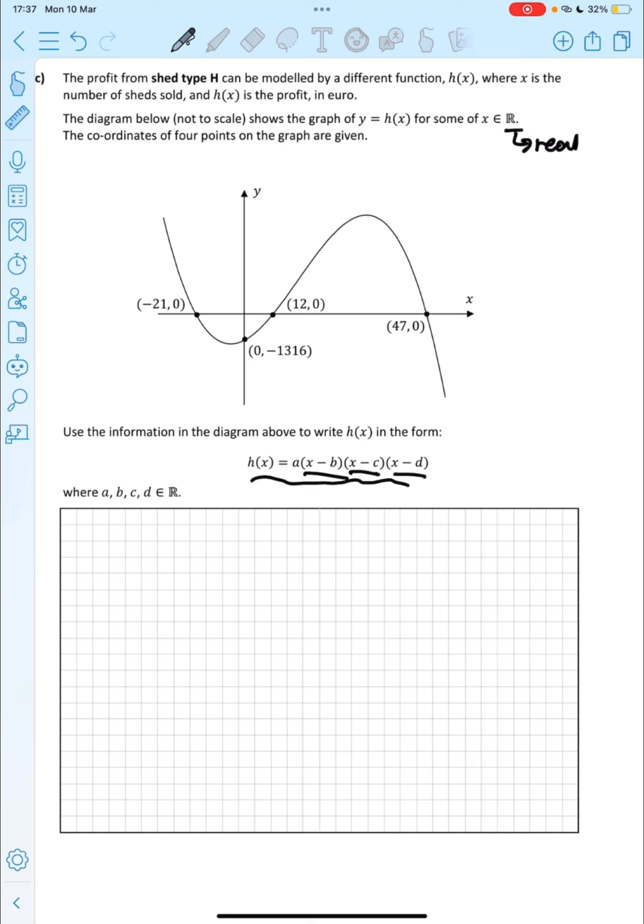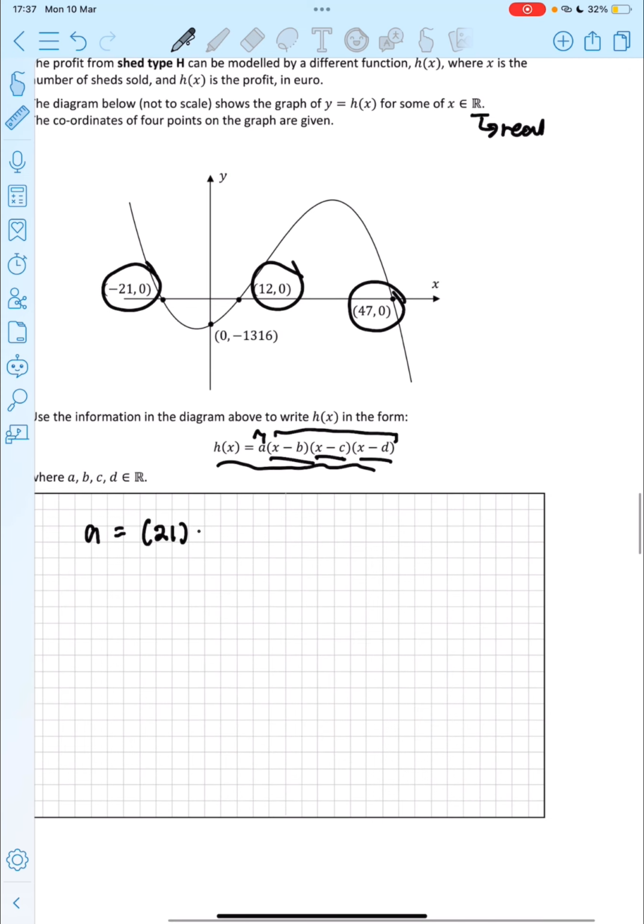So, this one, not awful to do. If we take this kind of in two parts, I'm going to take these x parts and this a part as another kind of thing. So, to find my a, what I need to do is multiply all of these three numbers that make up my x coordinates together.